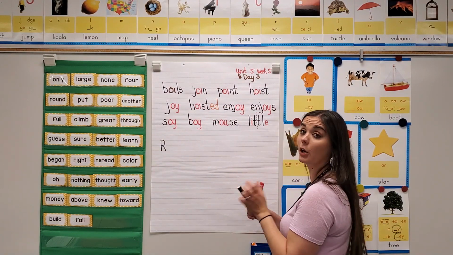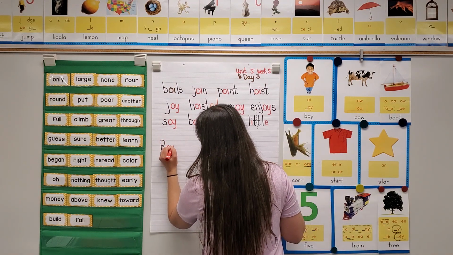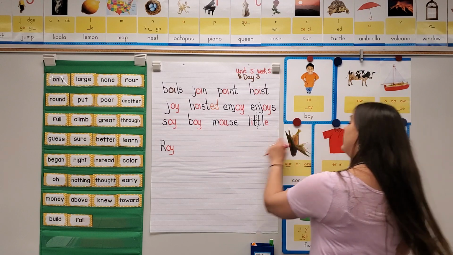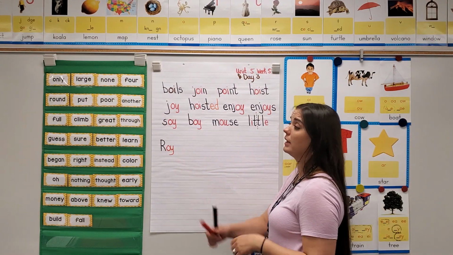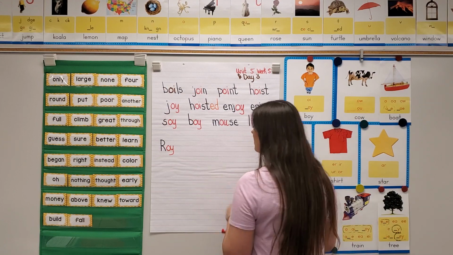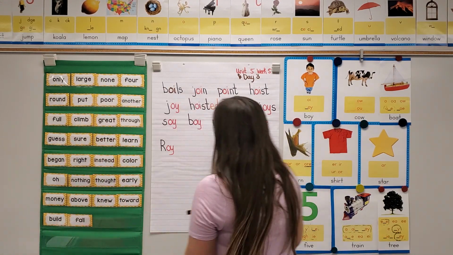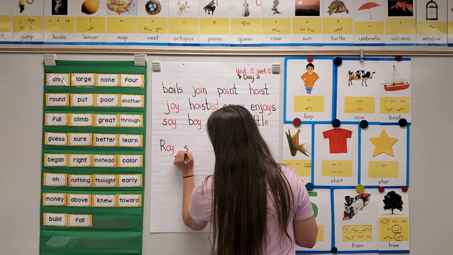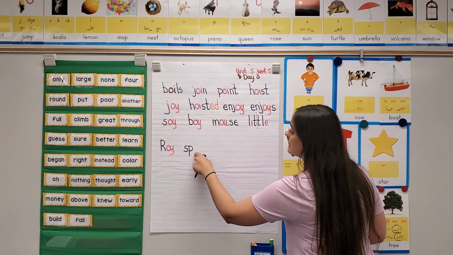R says OY, oi, Roy. So we learned from earlier in the week that Roy is a name, means he's going to be a noun. So Roy has appeared in a bunch of our sentences this week. SP, spa.